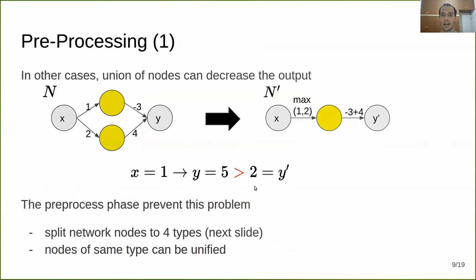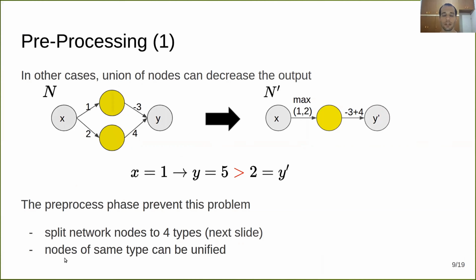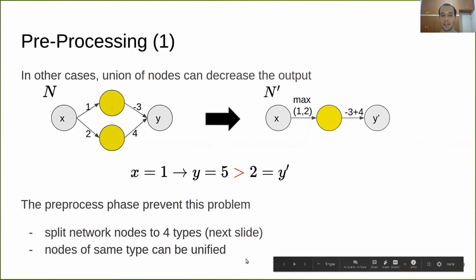So we decrease the output. And to prevent this problem of decreasing the output, we apply some pre-processing phase. The pre-process splits the network nodes into 4 types. After that, each couple of nodes of the same type can be unified in a manner that maintains the increasing of the output.